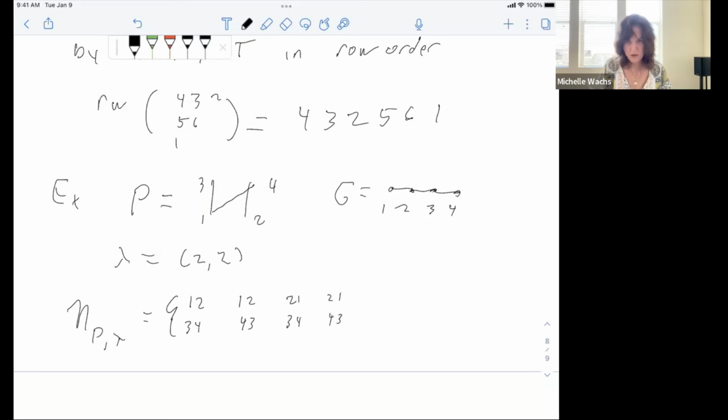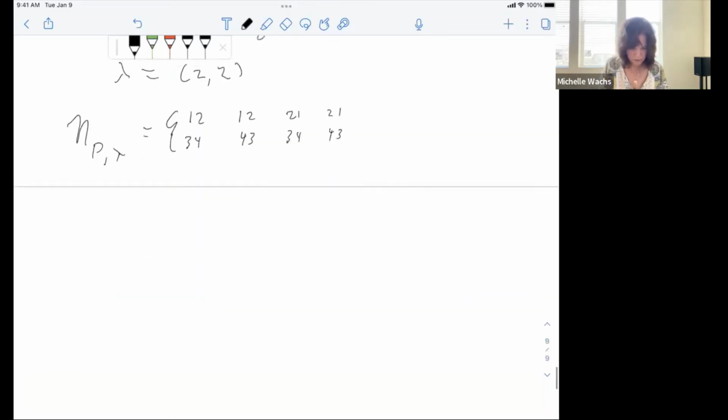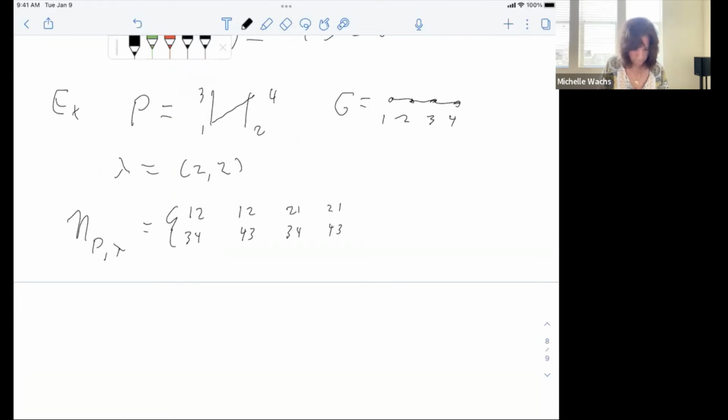There's no relationship along the column, so we're just checking the rows. 3, 4, 1, 2. We can switch the rows. It's still good. 3, 4, 2, 1. So I'm going to copy these 4 rows by switching those 2 rows.